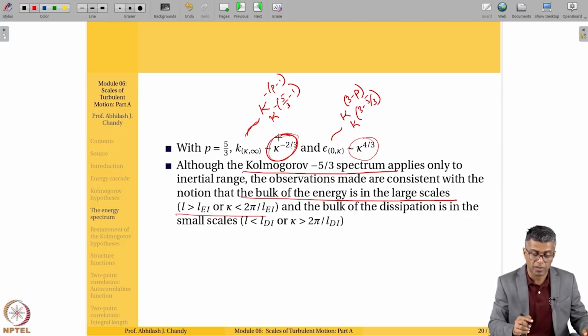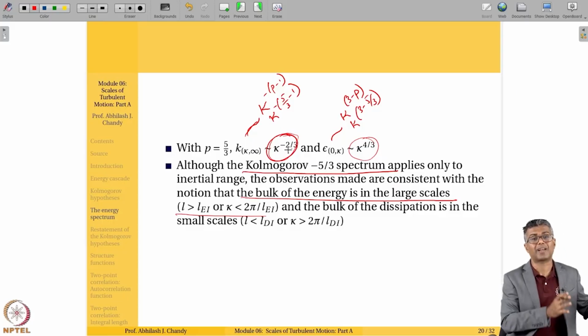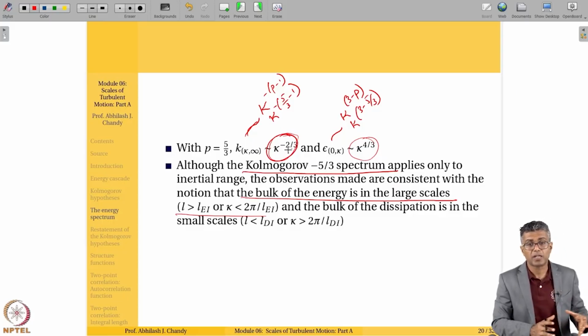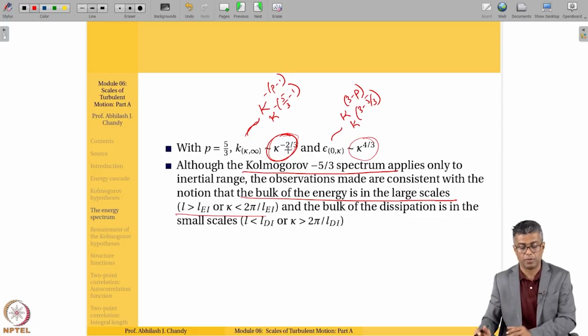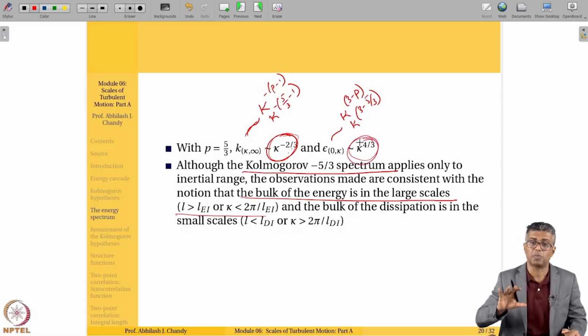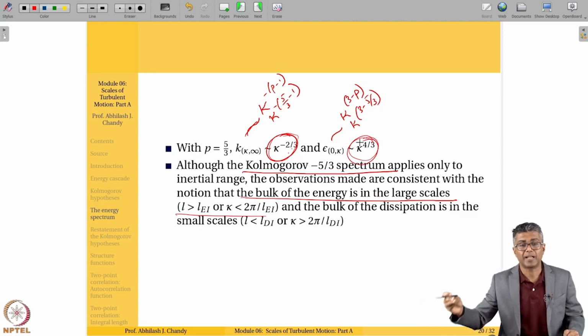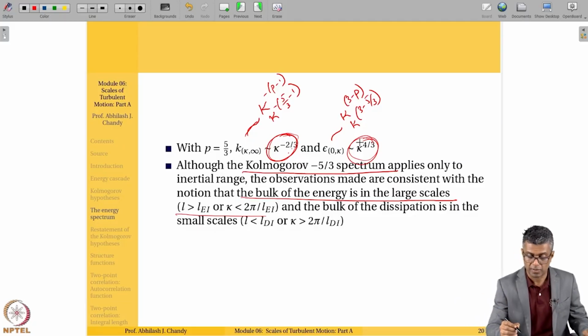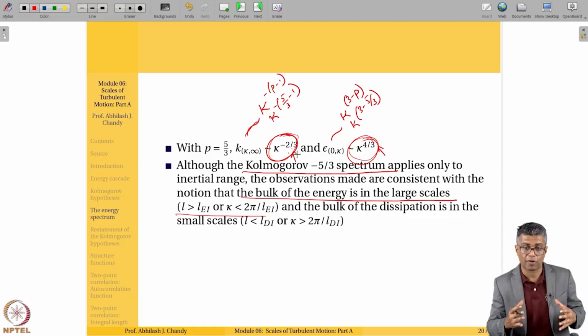So most of the energy is coming from the smaller wave numbers or the larger length scales, whereas most of the dissipation is concentrated in the smaller length scales or the larger wave numbers, because kappa to the 4/3 is becoming larger and larger as the wave number increases or the length scale decreases. I hope you understand this. Kappa to the 4/3 and kappa to the minus 2/3 give us a lot of information.